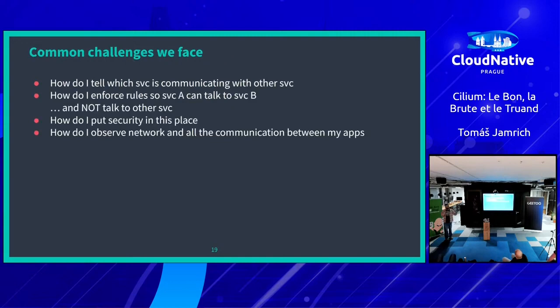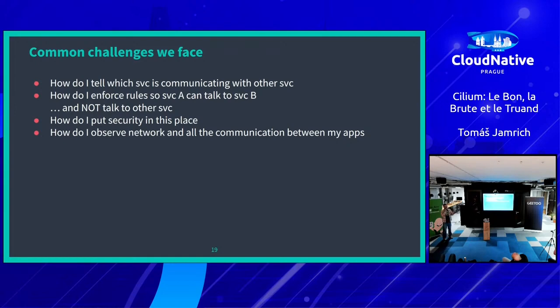Okay, what are the common challenges that we face today? First of all, how do I tell which service is communicating with another service? How can I enforce rules so that my service A can communicate only with service B and not with service C or something similar?